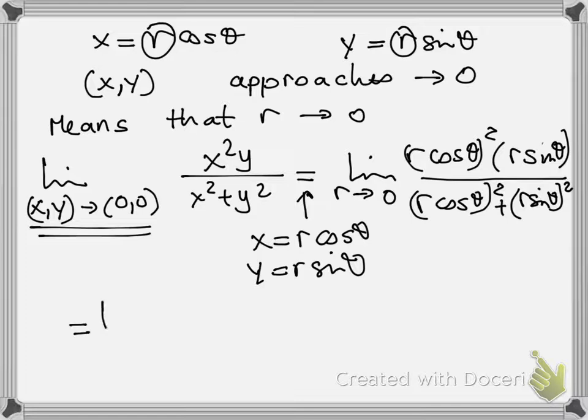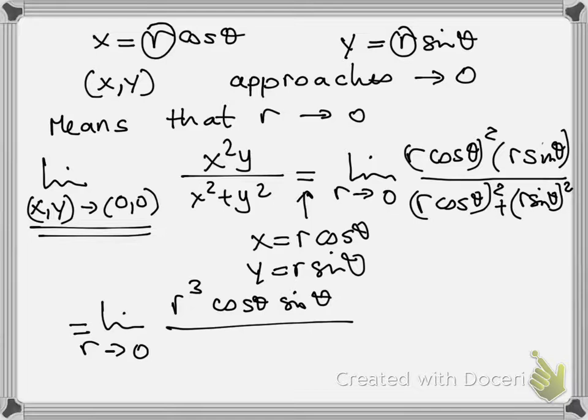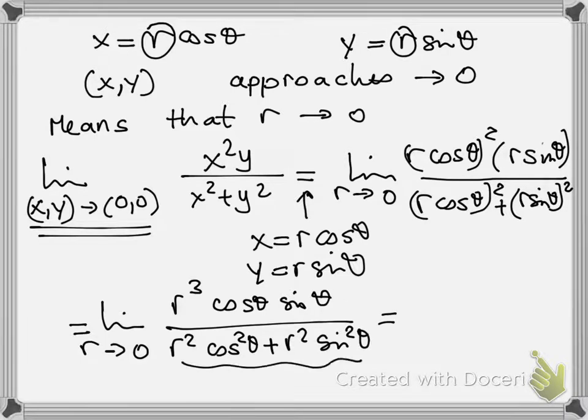So that will be equal to the limit as r goes to 0. On the top we have r squared times r, so that's r cubed cosine squared theta sine of theta, right? That's the top. In the bottom, we have r squared cosine squared of theta plus r squared sine squared of theta. In the bottom, you can factor out r squared.